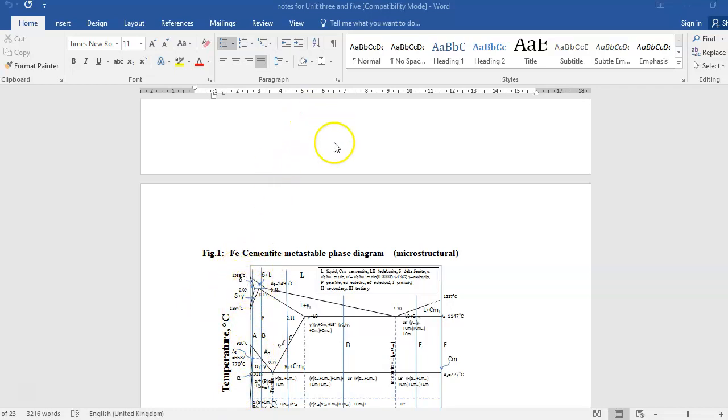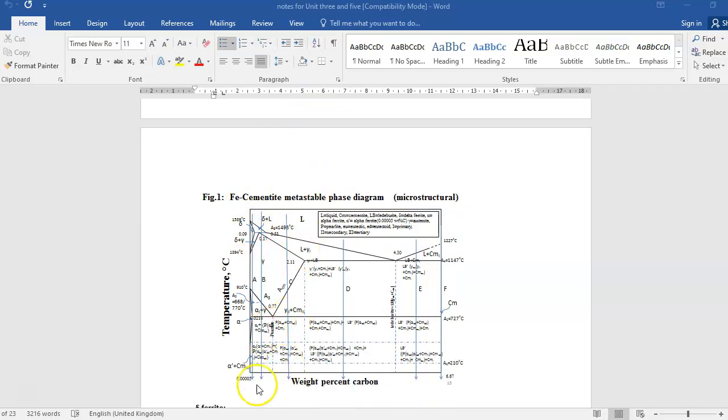So we can plot all the allotropic points, that is 727, the second point at 910, the third at 1400, and the fourth at 1539 degrees centigrade.